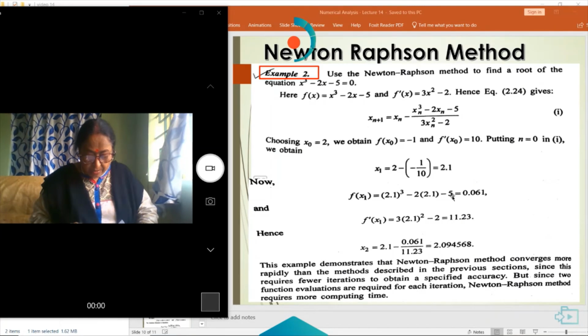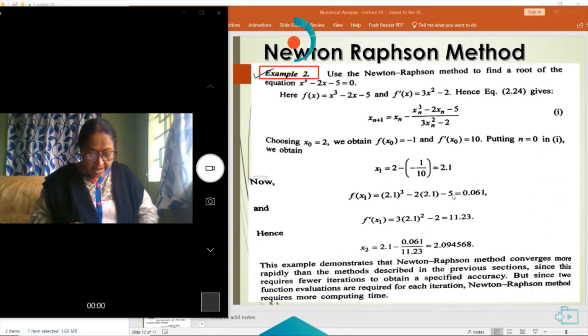Fx is equal to x cubed minus 2x minus 5. F dash x is equal to 3x square minus 2. Hence putting these values in equation 2.24, we get xn plus 1 is equal to xn minus xn cube minus 2xn minus 5 divided by 3xn square minus 2.